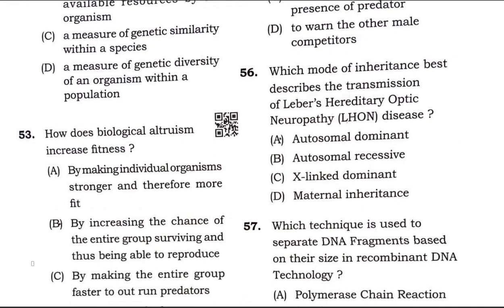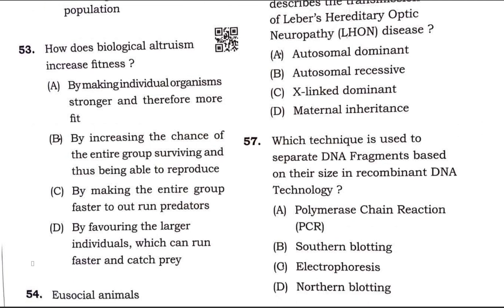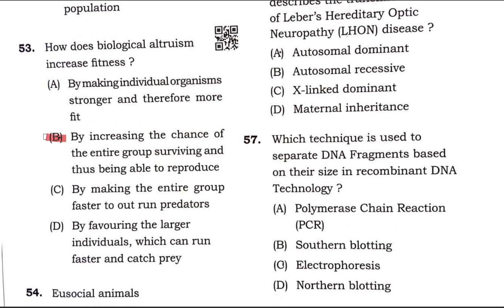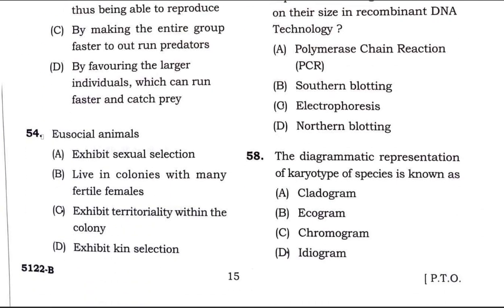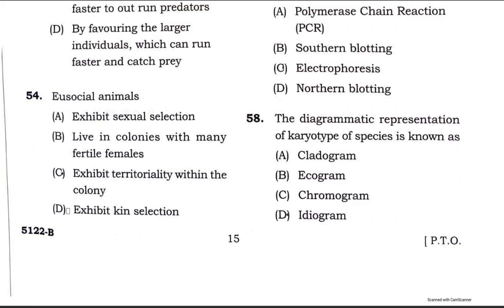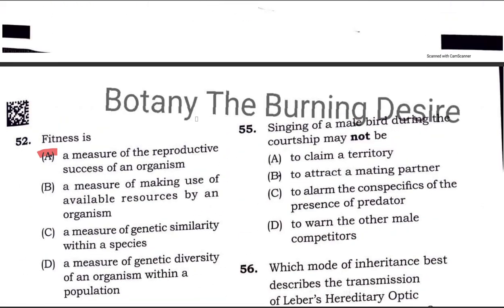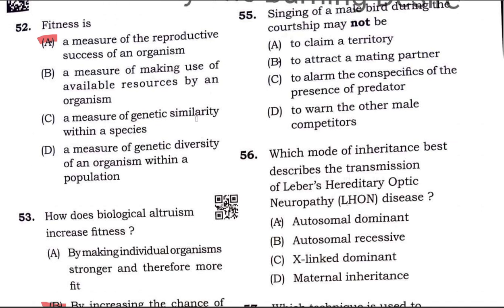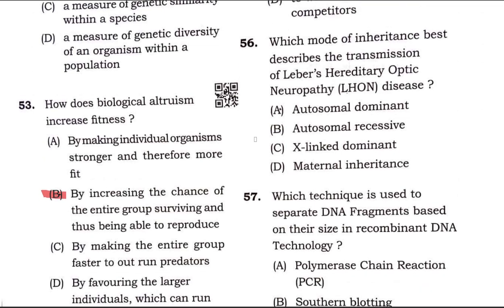How does biological altruism increase fitness? So B is the right thing, because it is increasing the overall survival of the group. Eusocial animals exhibit kin selection, of course. Then singing of male birds during courtship may not be to alarm conspecifics of the presence of predators.